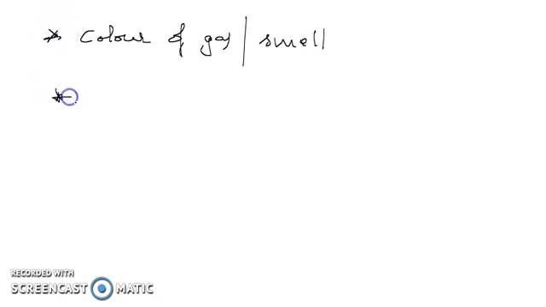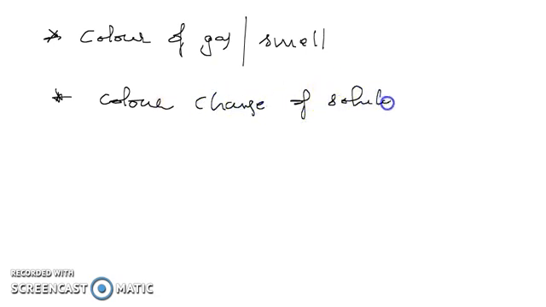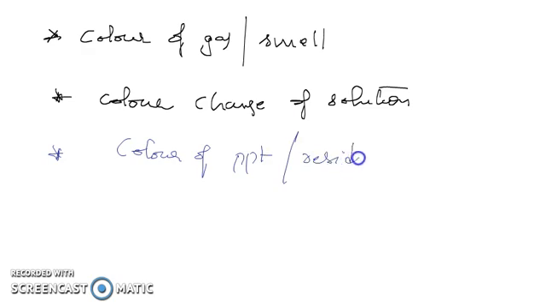If not this, what else could be your observation? Your observation might talk about the color change of a solution. If you remember the single displacement reactions, in single displacement we talk a lot about color changes of the solutions, blue to green, red to blue, etc. So it could be that. Otherwise, it could be about the color of a precipitate if any formed, or a residue if any formed.